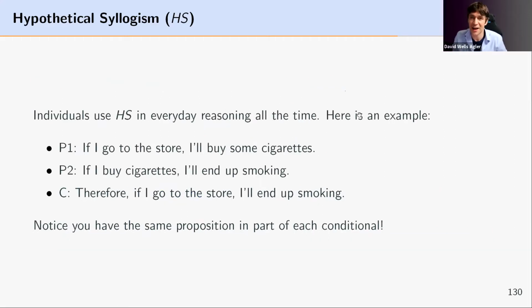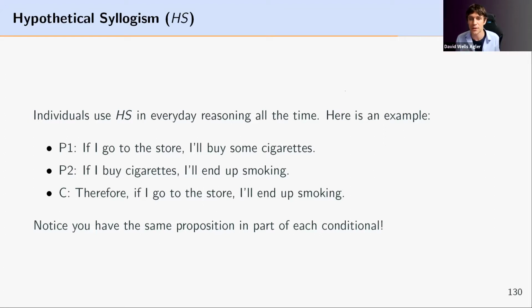This is not an uncommon type of reasoning. People reason with hypothetical syllogism all the time. And you see this a lot when people reason with these chains of if-then statements. So I might say, well, if I go to the store, I'll buy some cigarettes. I don't actually smoke, but this is just an example. And if I buy some cigarettes, I'm going to end up smoking. And so the conclusion of taking premise 1 and premise 2 together would be what?